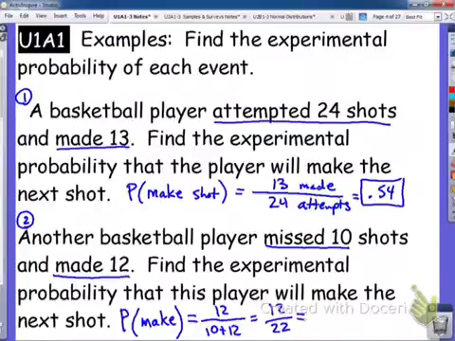Now we can turn that into a decimal as well. In my calculator, I have the fraction 12 over 22 gives 0.54 repeating, 54, 54, 54. So this actually rounds to 0.55.